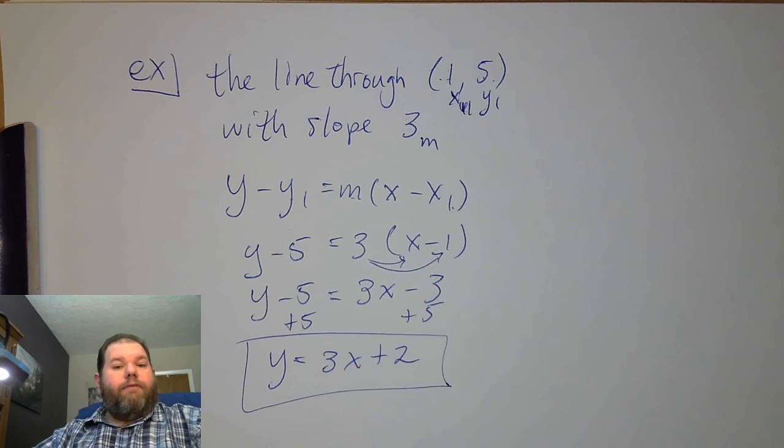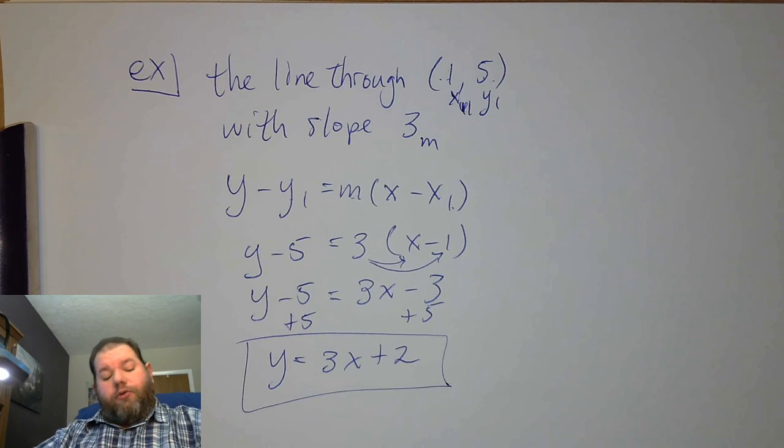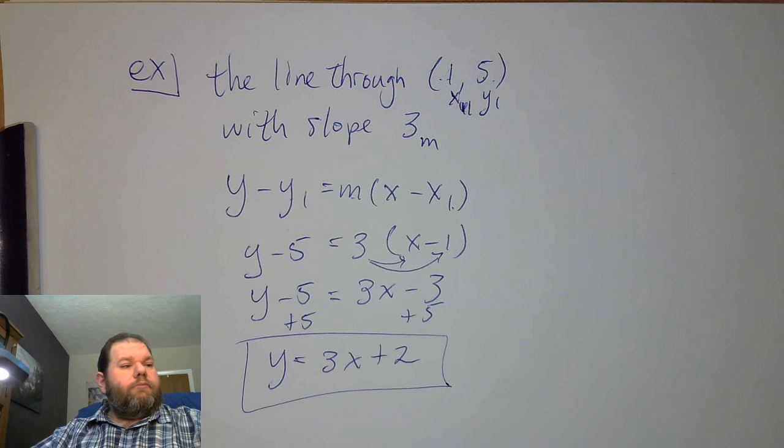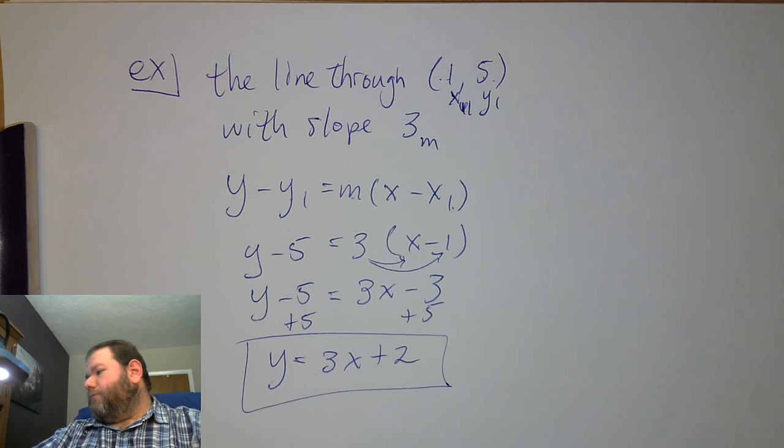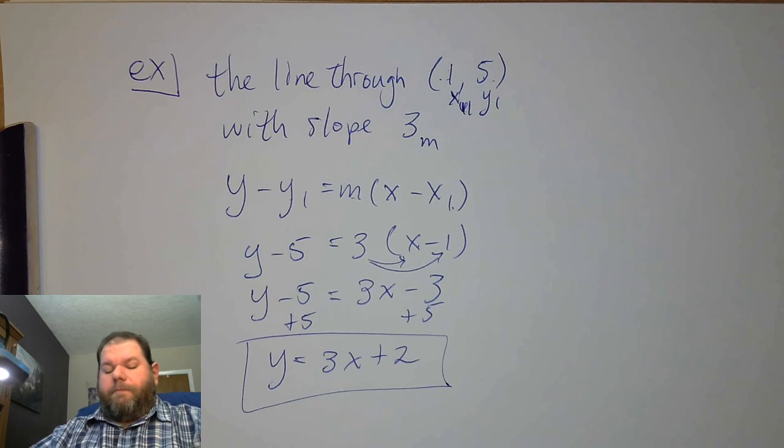That's actually an easier version of the problem because we do already have the slope provided, and we wouldn't have to find it in that case if we already have it. Okay.